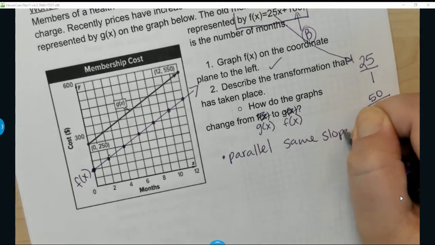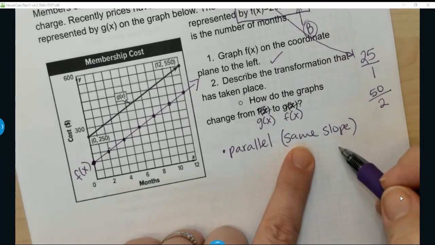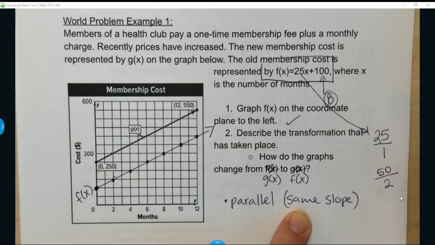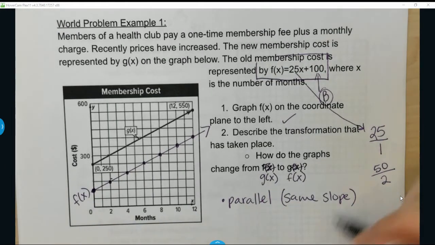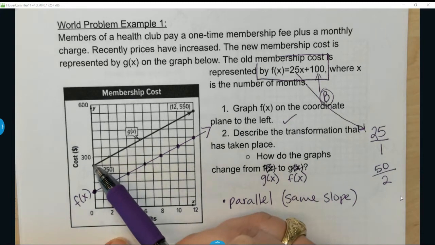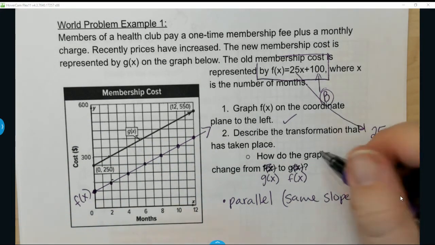which means they both have the same slope. And if they both have the same slope, that means the monthly cost is the same, right? And then the only other thing that I notice is that the y-intercepts differ. So if you look at this, the new membership, oh, I get it now.